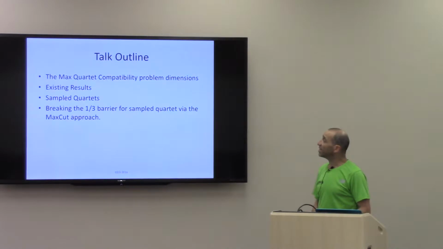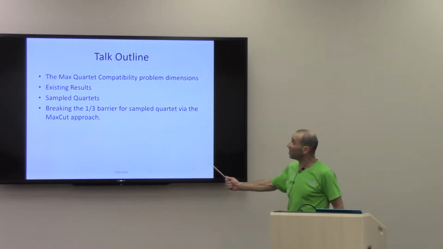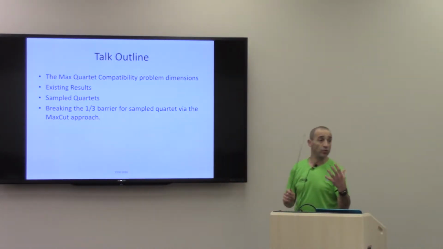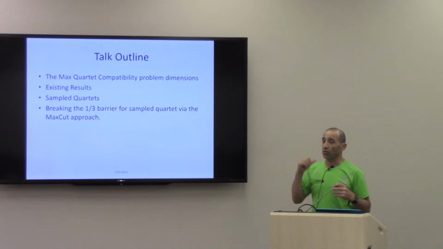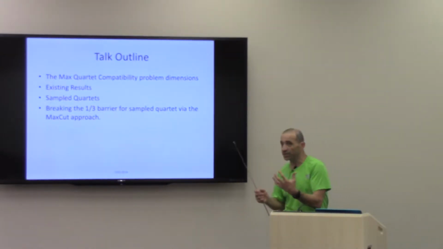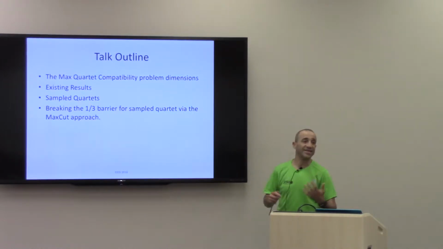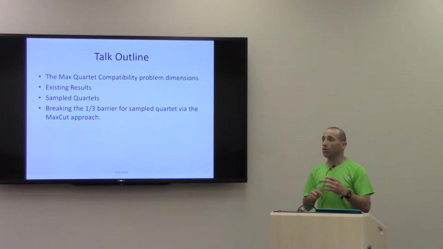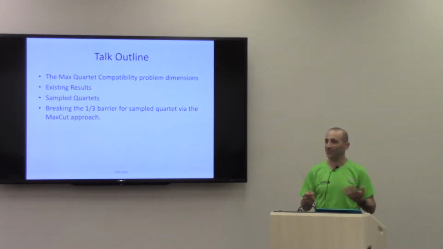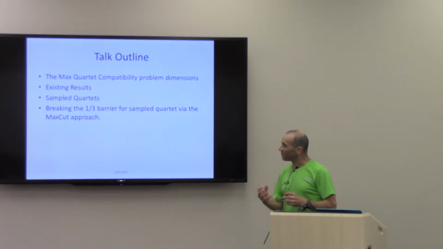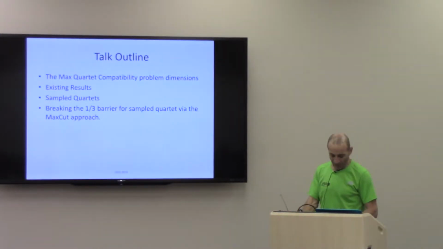We will see how we break the 1/3 barrier for sample quartet via the max cut approach that we saw yesterday, where the max cut approach started like a heuristic, which shows some mode of operation, or for students here, how tough research can go.